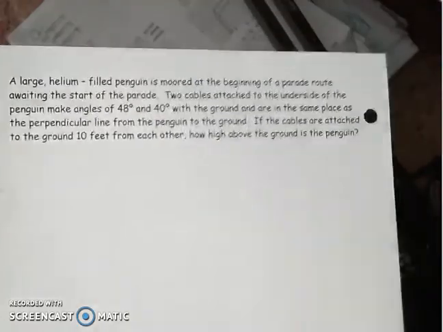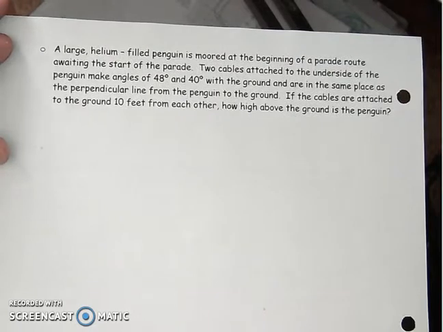In the last example, we have a helium-filled penguin, like a float for a parade route. And it is high in the sky. It has two cables attached to it underneath the penguin at angles of 48 and 40 degrees to the ground. And they're in the same place as a perpendicular line from the penguin. So what that tells us is that this does form a right triangle.